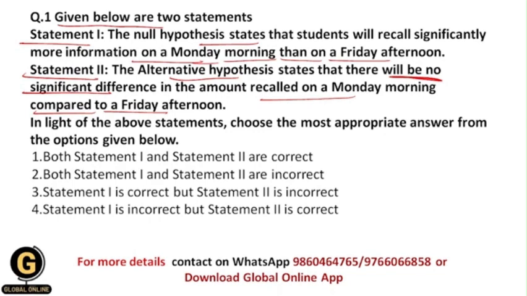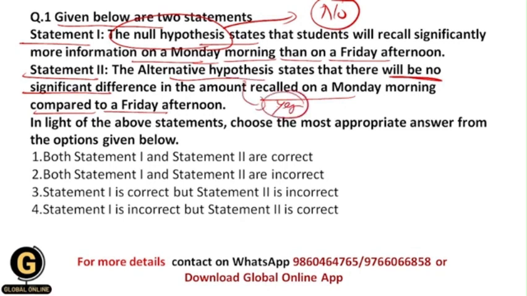Over here students, we need to answer which of these statements are correct or incorrect. As I have told you in yesterday's video, the null hypothesis states that there is no relationship between the two variables. But the alternative hypothesis states that there is a relationship between the two variables.